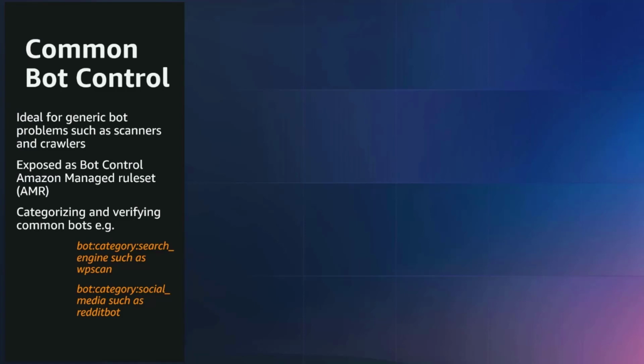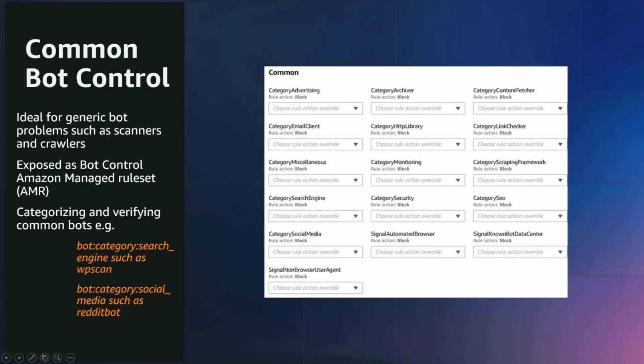It is ideal for protecting your application from generic bot problems like scanners and crawlers. Like I mentioned, this is exposed to our AWS customers like an Amazon managed rule set. You can select individual rule actions as desired, and you can customize it as per your application requirements.